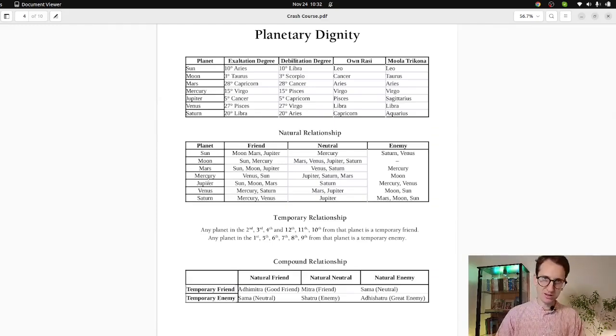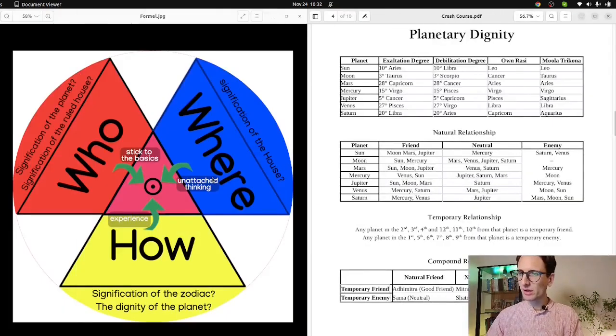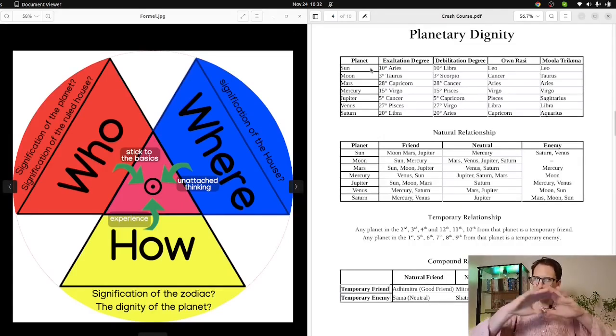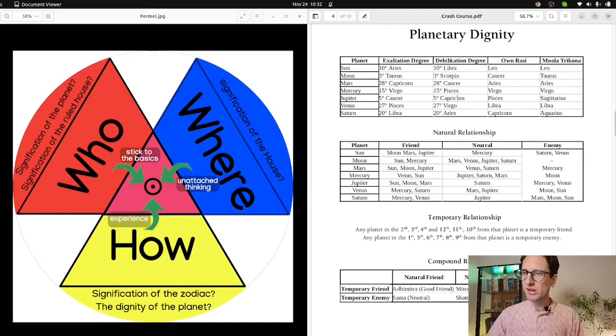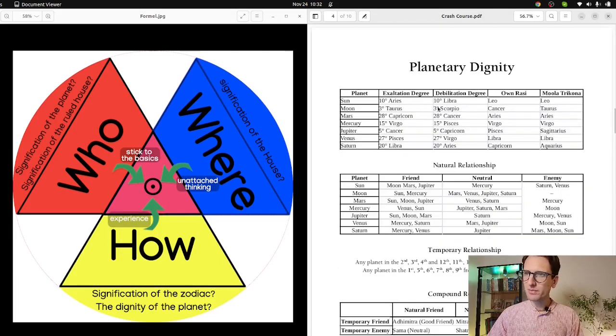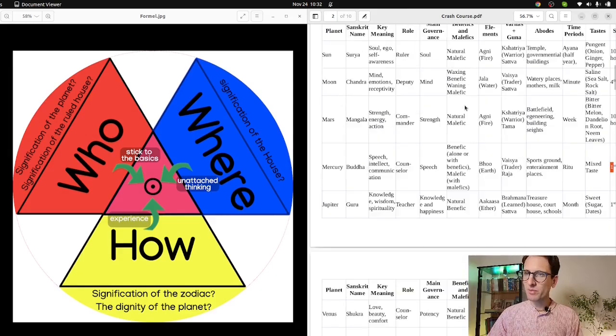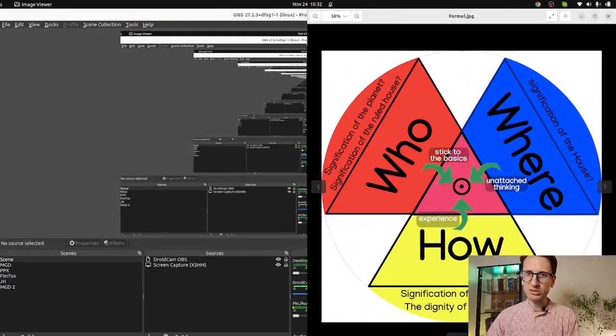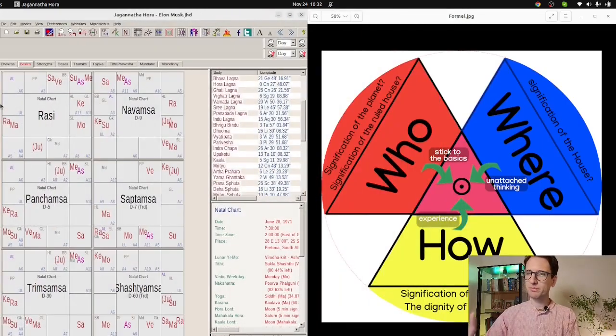And everything else will be just additional for fine-tuning. But the big structure of your chart is done by having this information and applying it in this manner. Okay, so let us start reading the chart. Mr. Musk, here we come. All right.